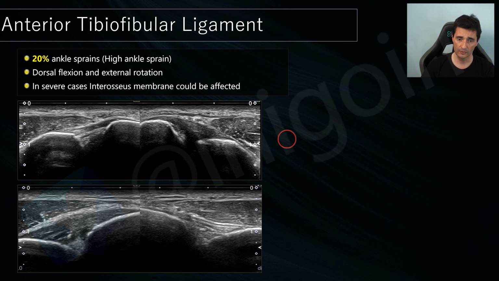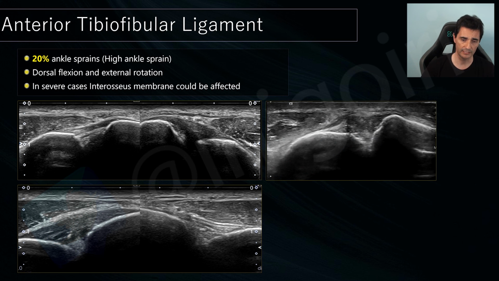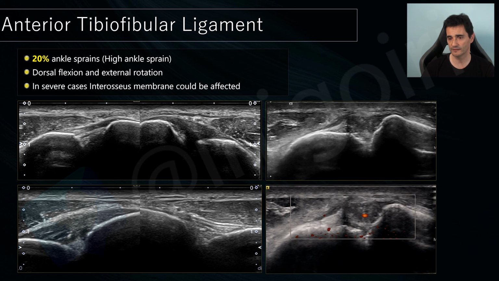Grade 2 here, with the normal side, the contralateral healthy one, and the affected one, with this small tear in depth here and here. So this is a grade 2, with thickening and hypoechogenicity of the ligament. And this case is from Dr. Pedret, because I hadn't any cases of a complete tear here.